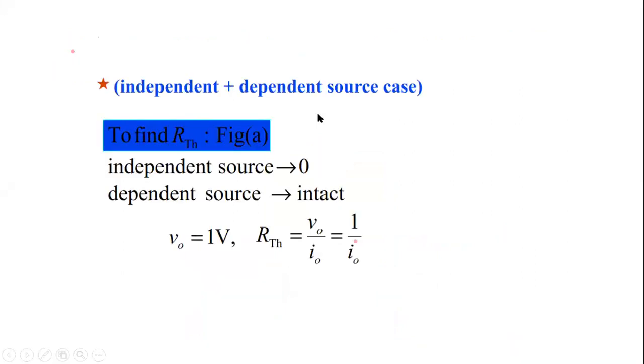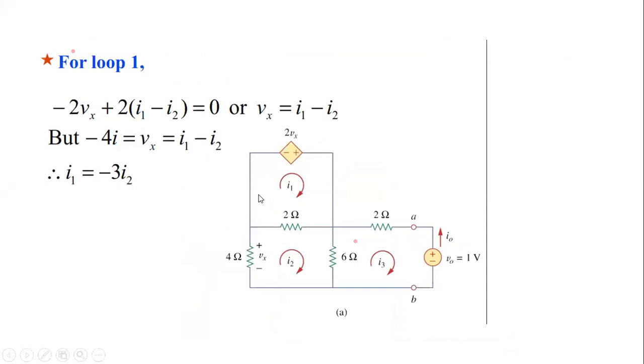Okay, so the process is to use a 1 volt current source or voltage source. The dependent source will not change. What we have done is, in the given circuit, in the open circuit where we were given terminals A and B, we connected a 1 volt voltage source.